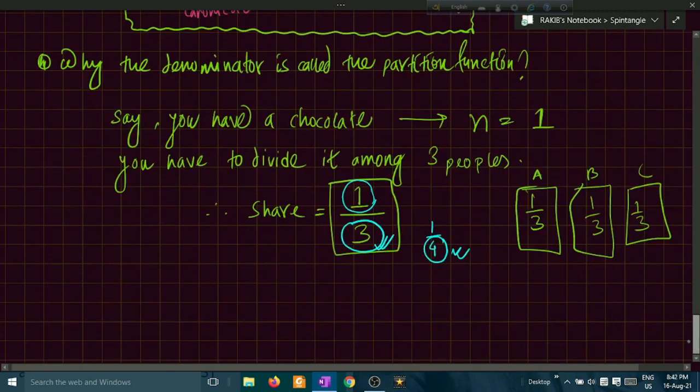So the probability of Er is, as we did, NR upon N. Here N makes the division.